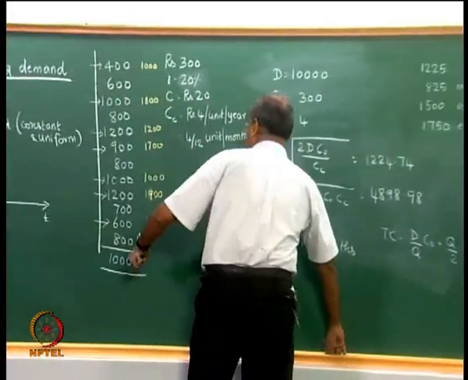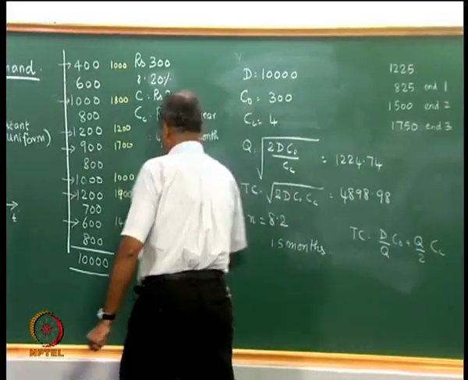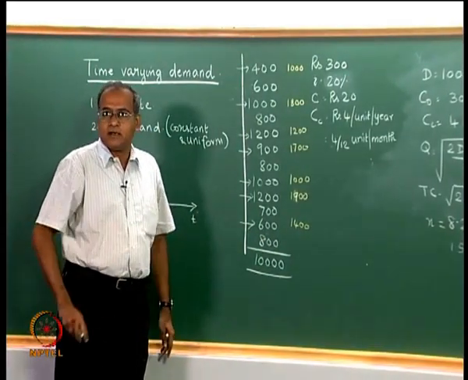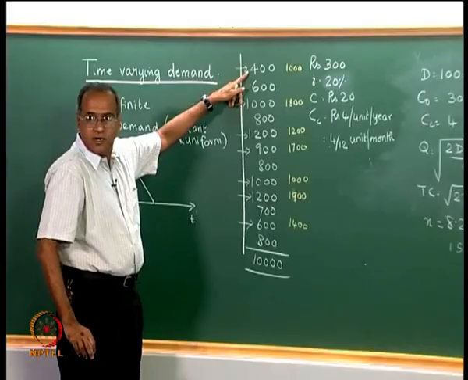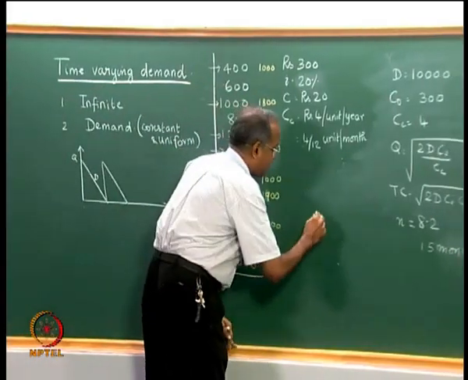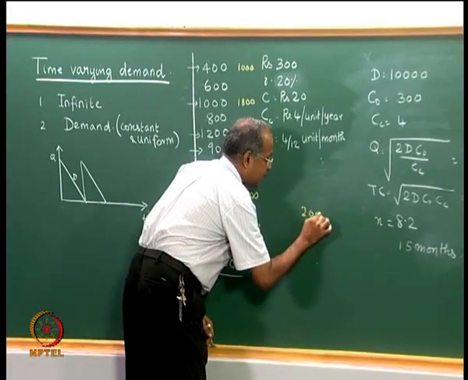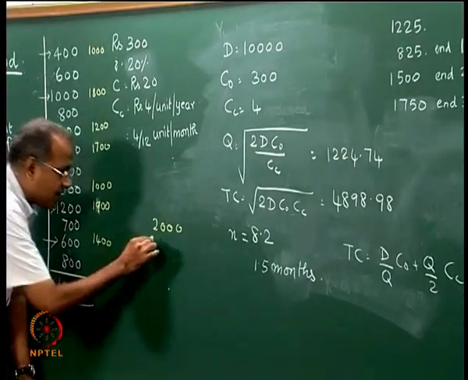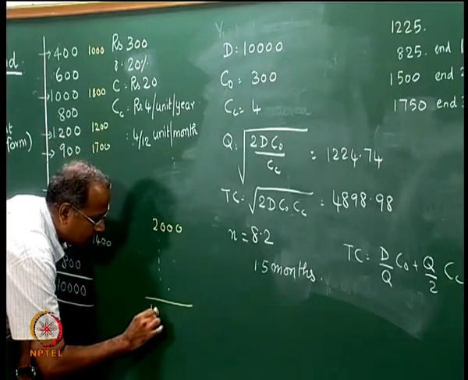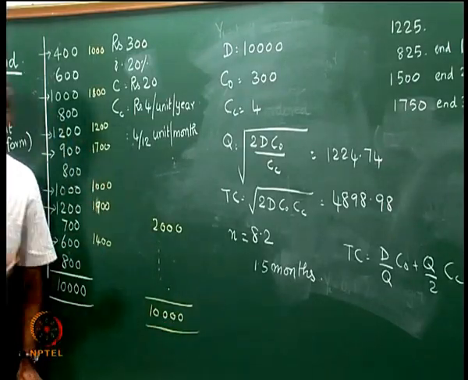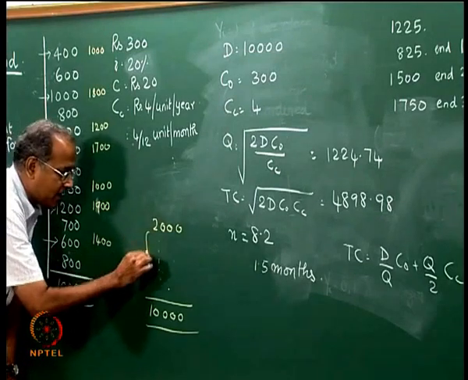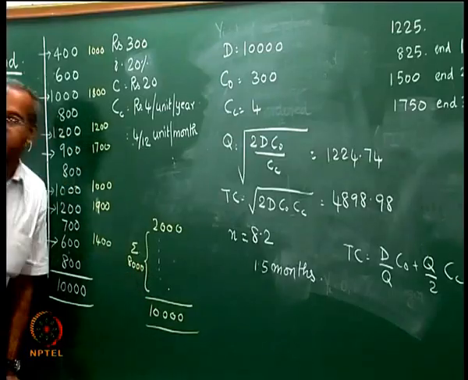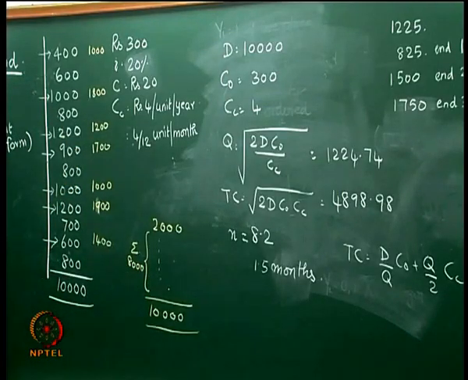Suppose the total demand is 10,000, but the first period's demand is not 400, but for the sake of argument, 2000. Now the rest of the demands are such that the total annual demand is 10,000, which means the demand for the remaining 11 periods on summation is actually 8,000.